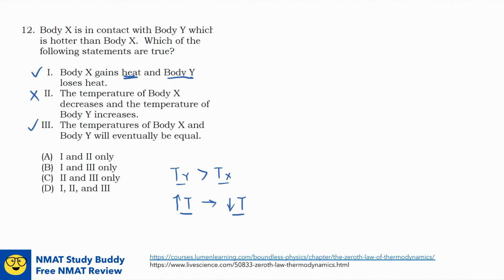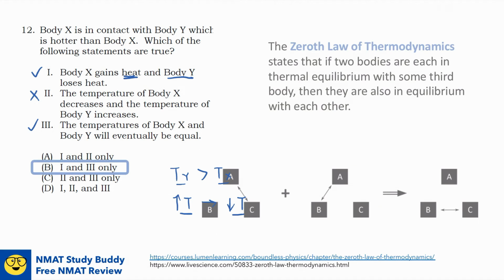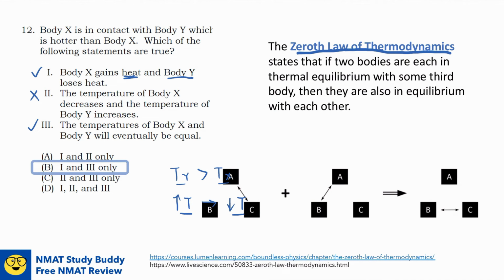Yan. And another information, meron tayong tinatawag na zeroth law of thermodynamics. It states that if two bodies are each in thermal equilibrium with some third body, then they are also in equilibrium with each other. Yan, burahin ko lang para mas clear.